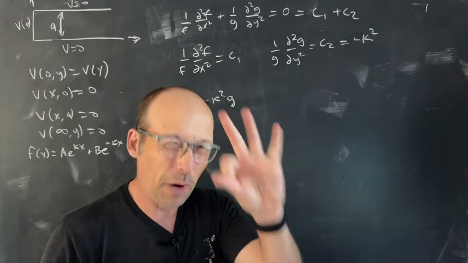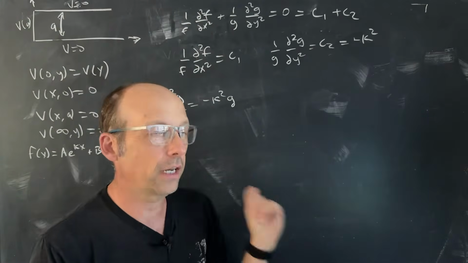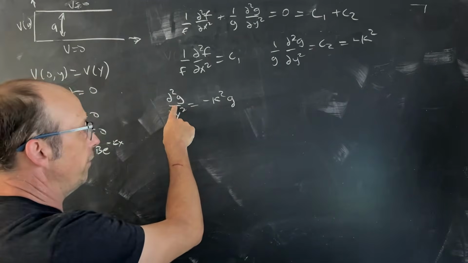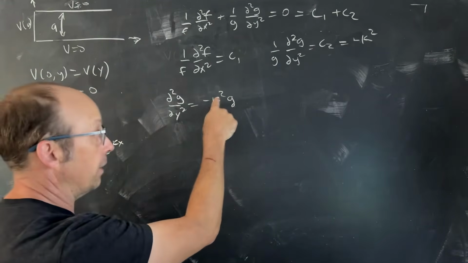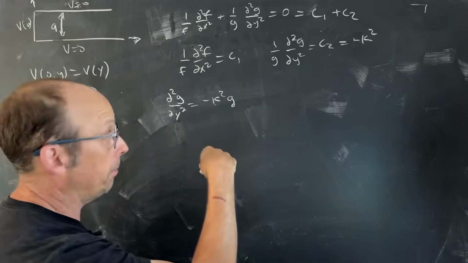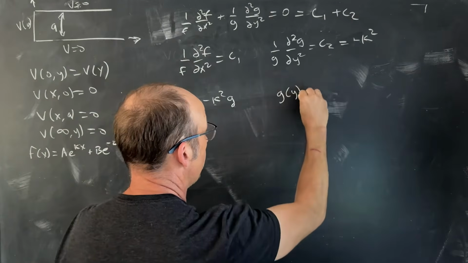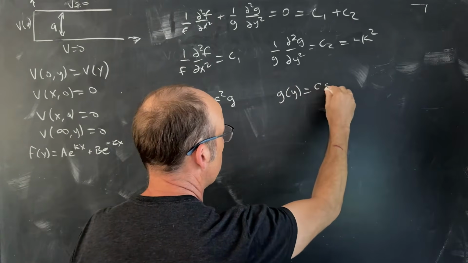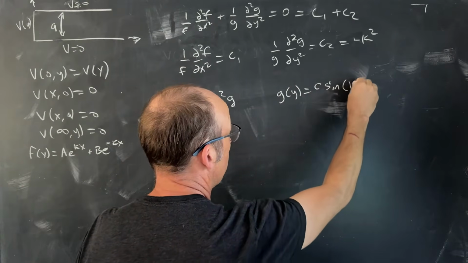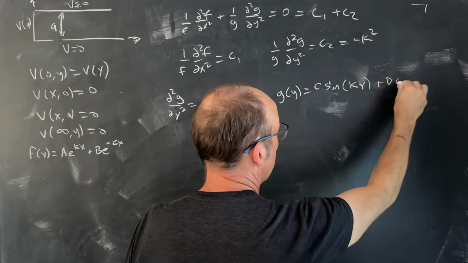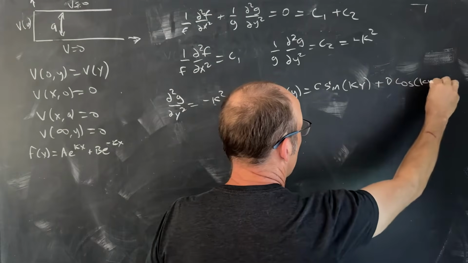There's actually 3 ways you could write the solution, but let's write it in terms of trig functions. Okay, so what function do I take the derivative of twice and get the same function back with a negative sign? Sine and cosine both do that. So let's write g of y is equal to c sine ky plus d cosine ky.